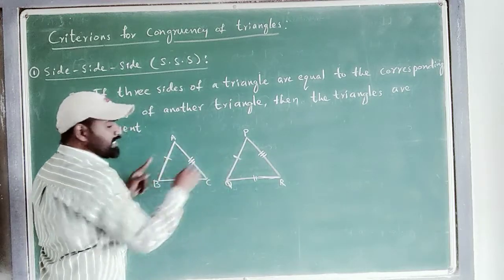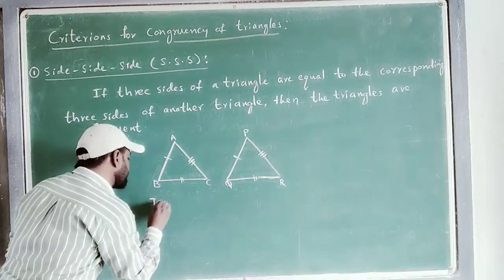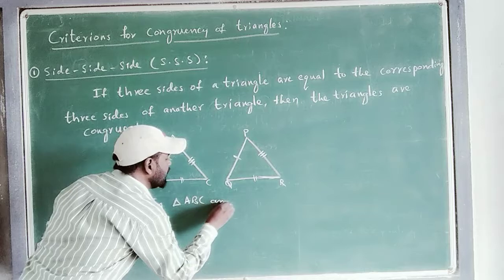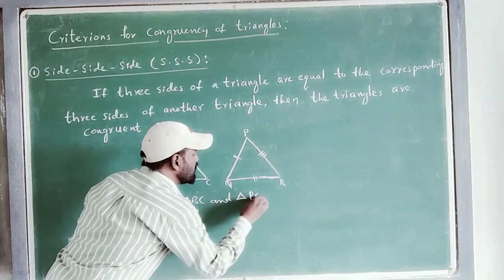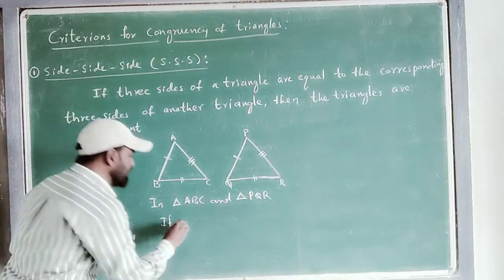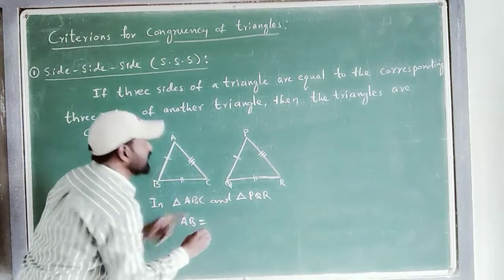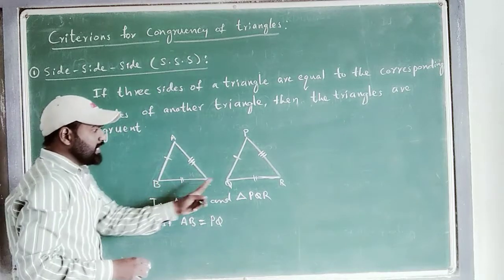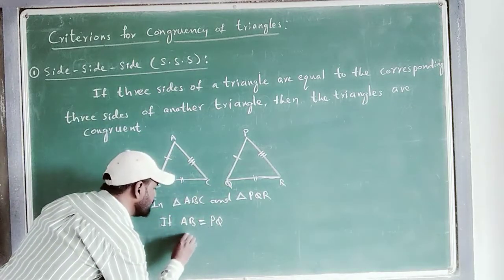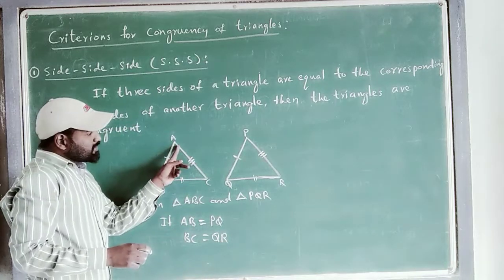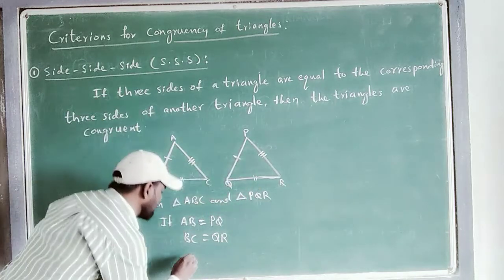If in triangle ABC and in triangle PQR, the corresponding sides AB is equal to PQ, next another side BC is equal to QR, and another third side AC is equal to PR.